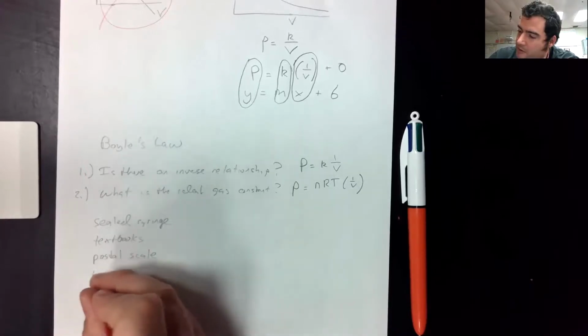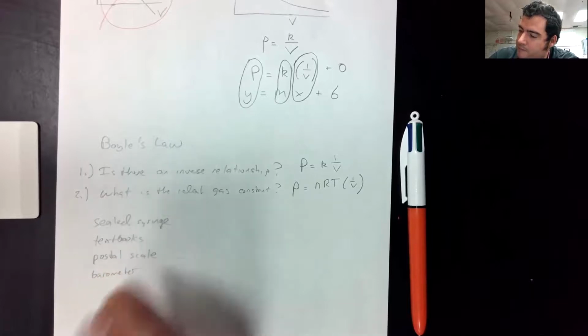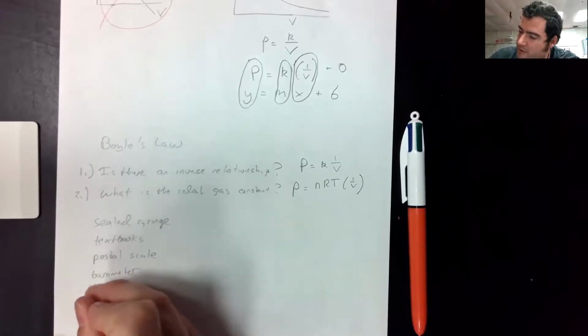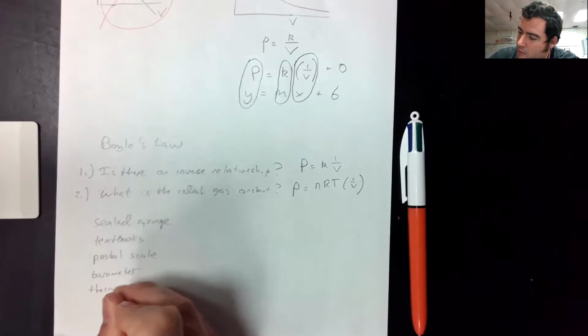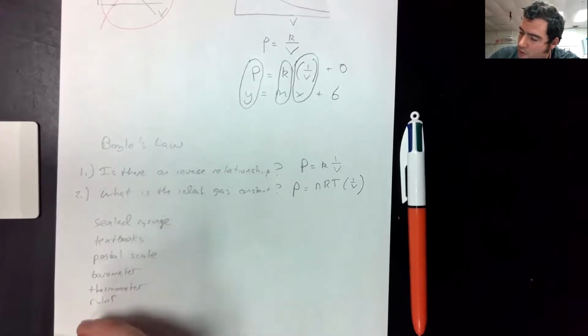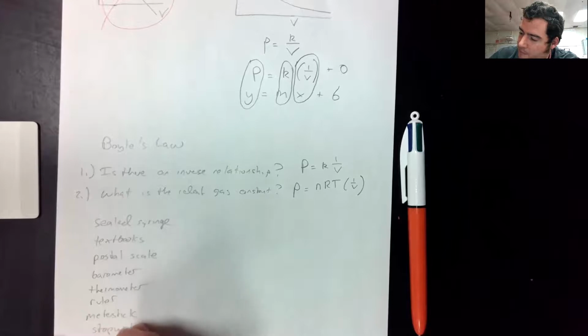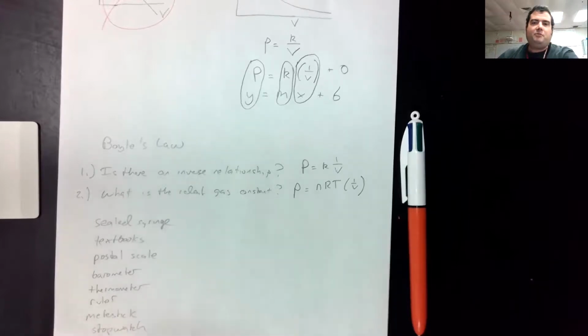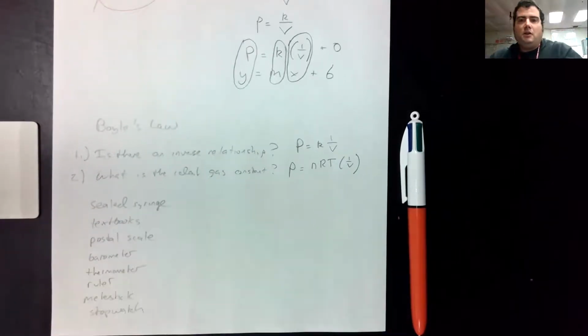I gave them a barometer. I gave them a thermometer. I gave them a ruler, a meter stick, and a stopwatch. And I asked them, with all that stuff, could they figure out an experiment to answer these two questions?